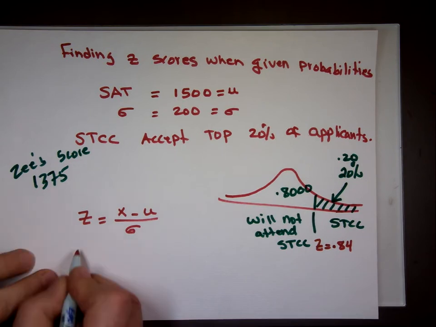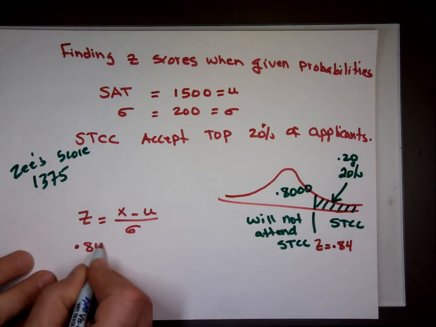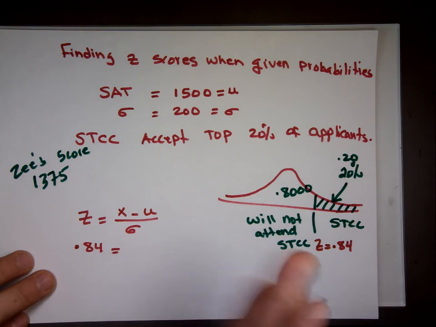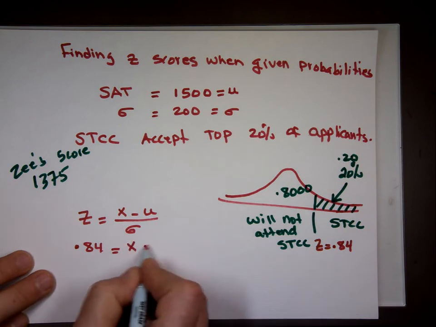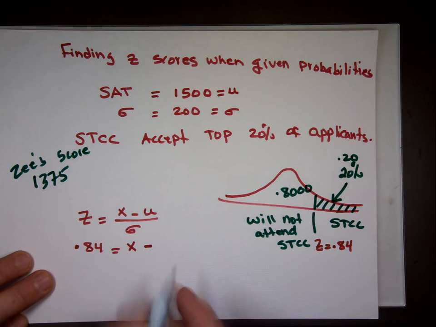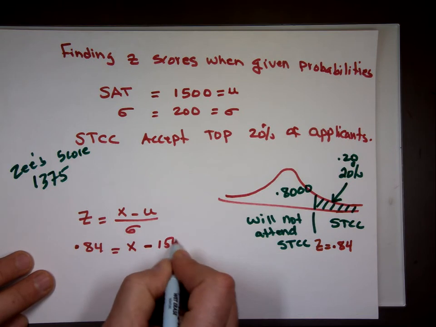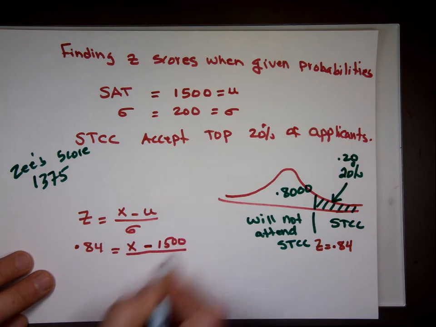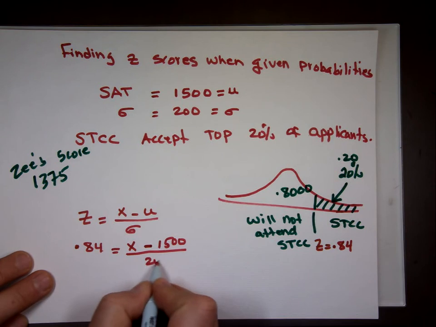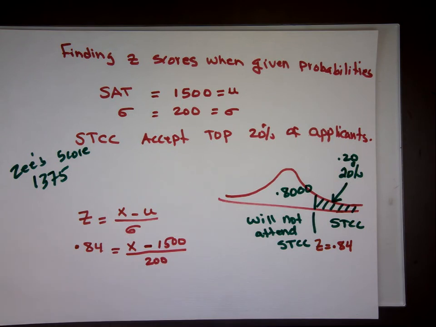I'm trying to find the cutoff number, x. Mu for the SAT scores is 1500. And the standard deviation is 200. I can tell you there's nowhere in hell I'm going to get into STCC with these numbers.